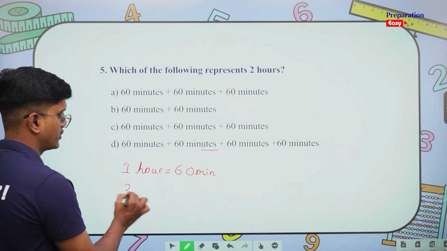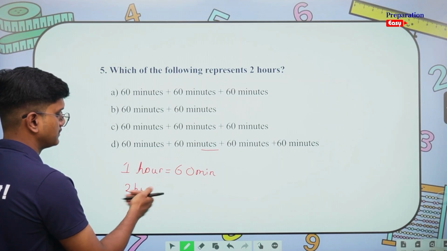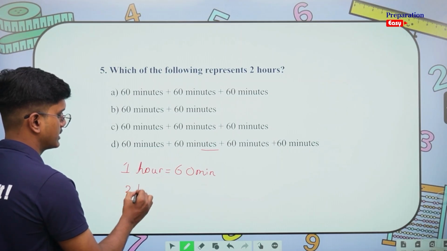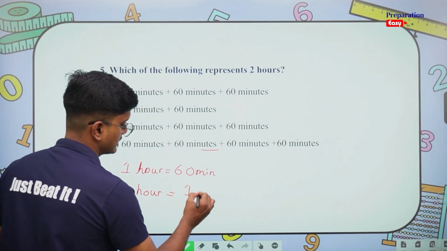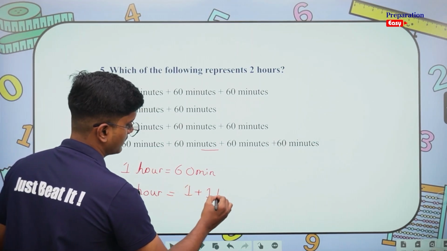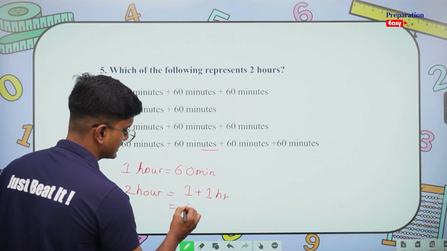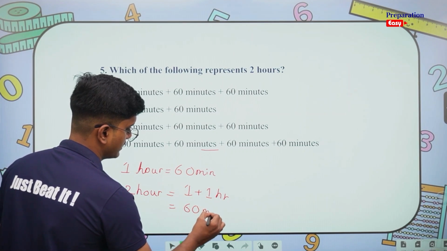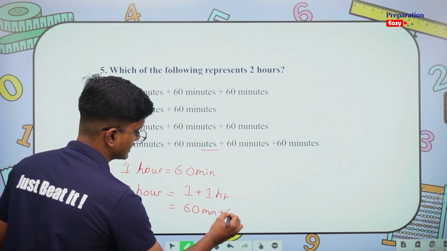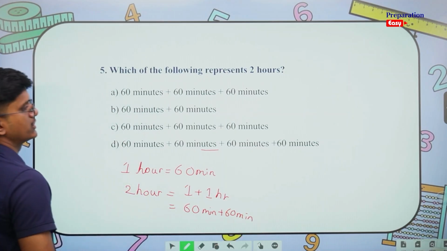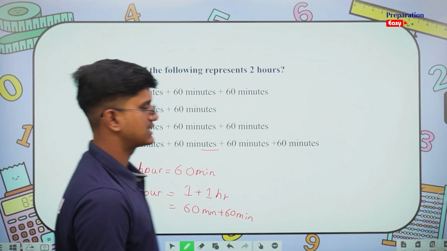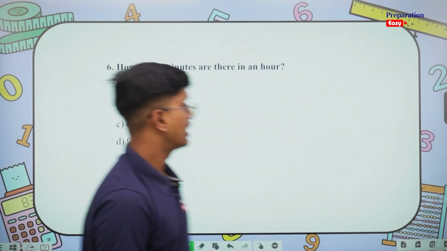How many minutes will 2 hours be? 2 hours can be written as 1 hour plus 1 hour, and 1 hour has 60 minutes, so we write 60 minutes plus 60 minutes, which is 2 hours. Yes, we do have option B as 60 minutes plus 60 minutes.